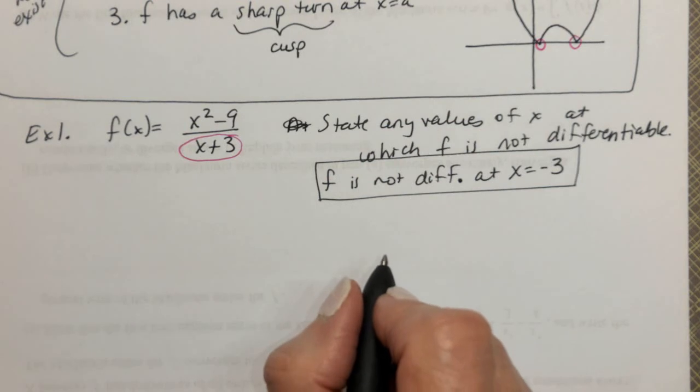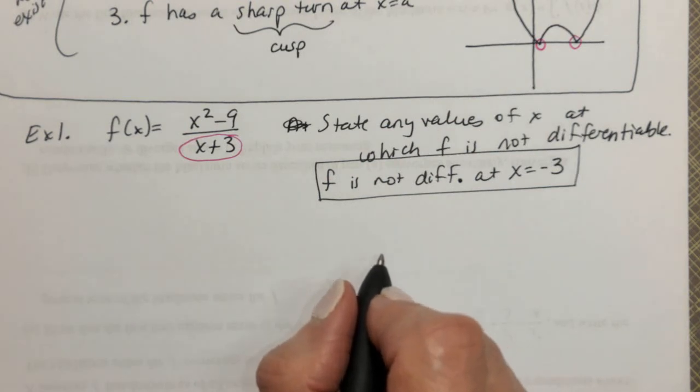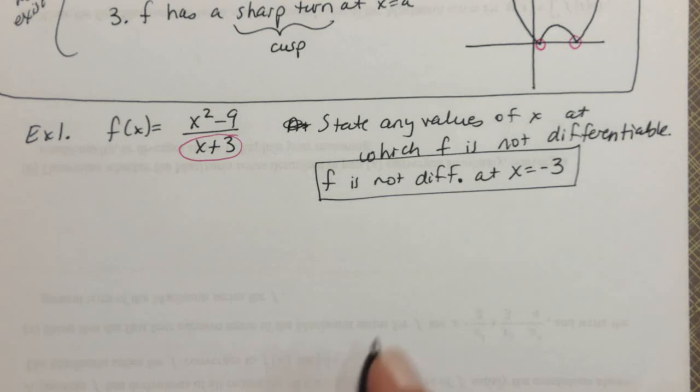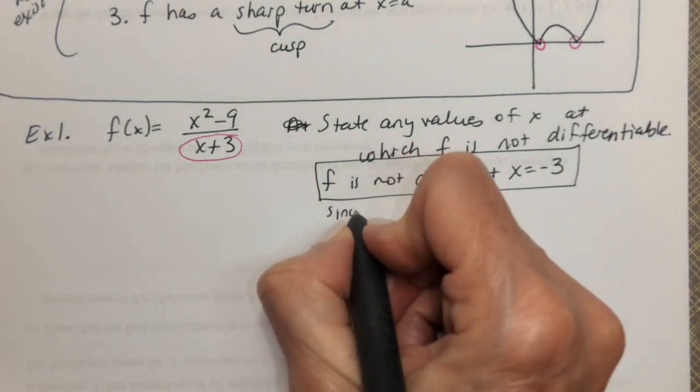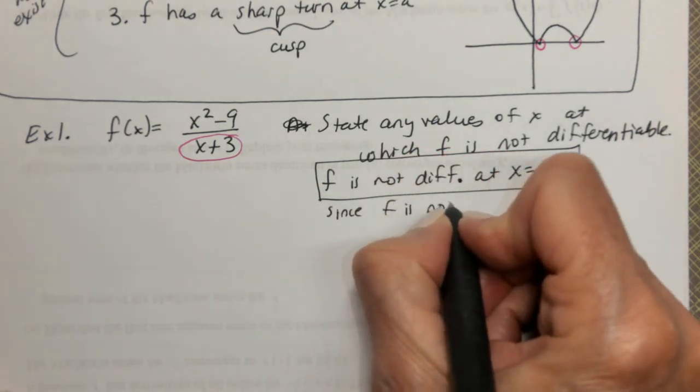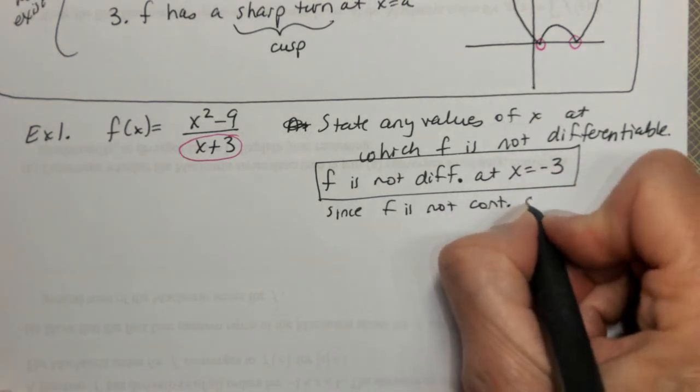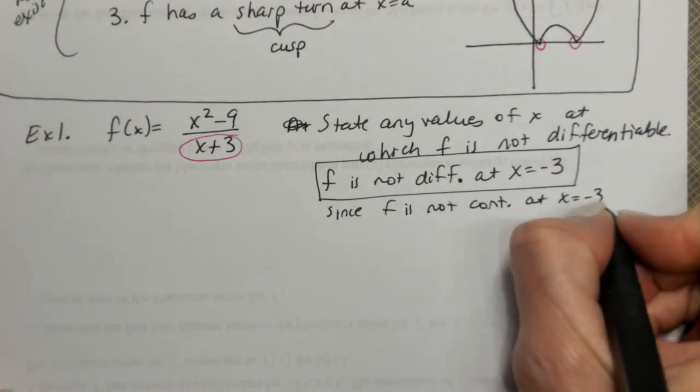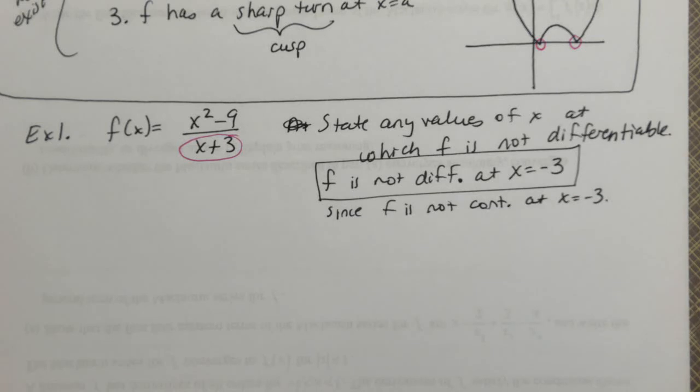Because f is not continuous at x equals -3. If they wanted a reason, I would say, since f is not continuous at x equals -3. Okay?